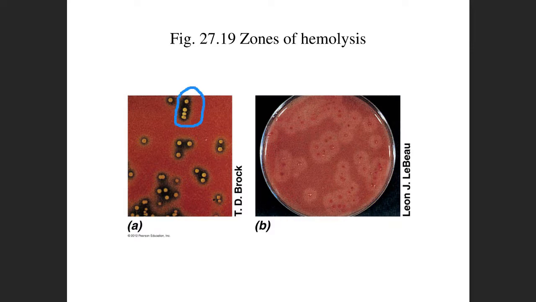The black ring is actually a transparent ring. The reason it's black is because this photo is taken on a black background. Okay, so if you hold up the light, this is the area that's transparent. All the blood cells are being lysed.